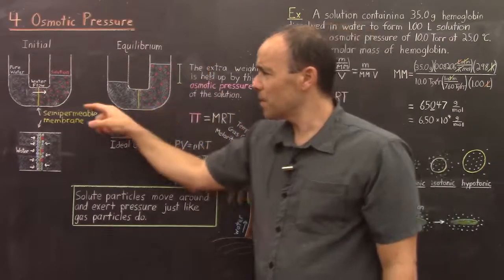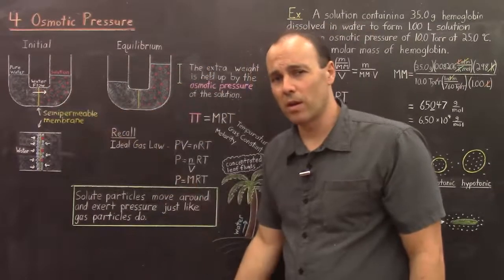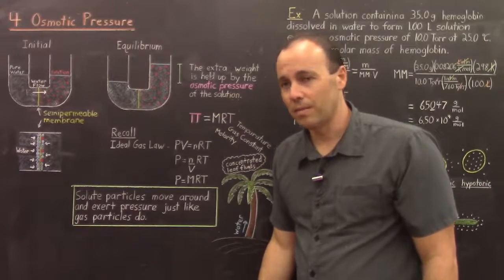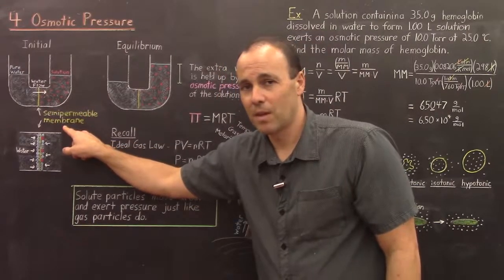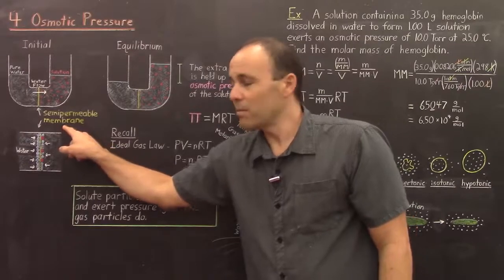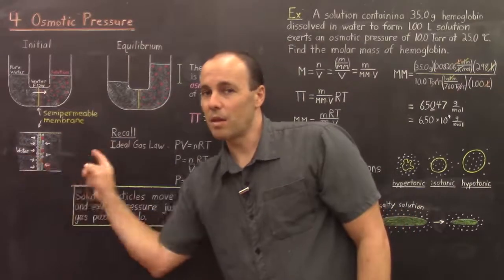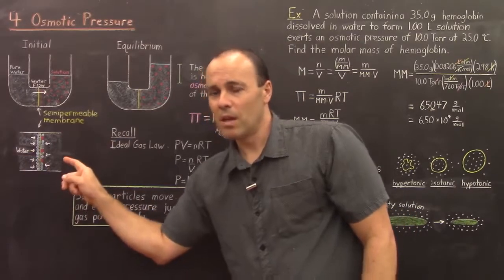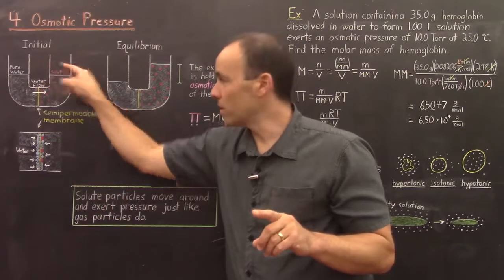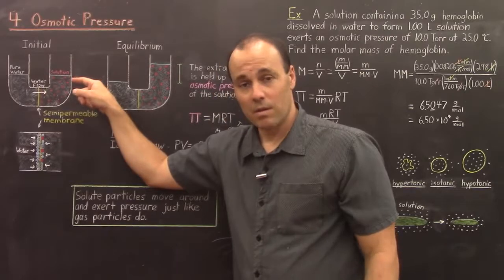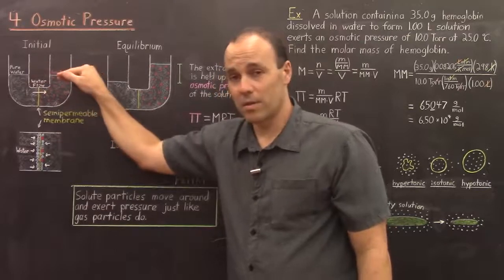But let's first take a closer look at what's going on at the molecular level, at the semi-permeable membrane. This membrane only allows the solvent to pass through. Think about the situation right at the beginning, when you pour the two liquids in and the two liquid levels are the same.